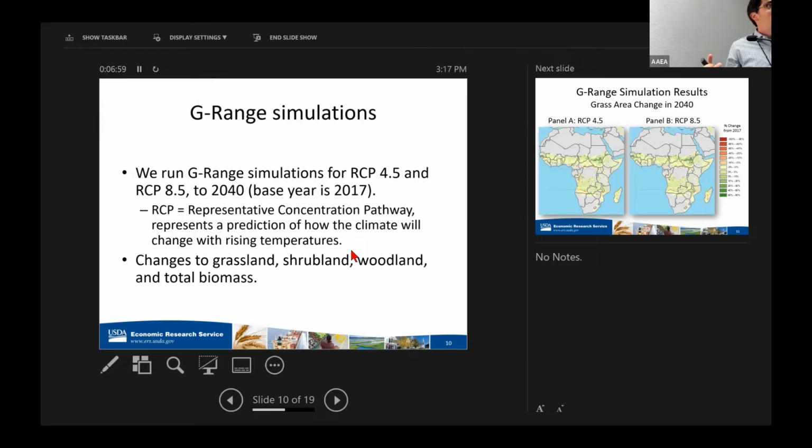This was a new term for me, and it may be for many of you here, but these are two possibilities of the way that climate could change in the future. RCP 4.5 is a conservative approach. RCP 8.5 is a more extreme situation. And we're modeling this in 2040 with a base year of 2017. We're looking at changes to grassland, shrubland, and woodland, and also total biomass.